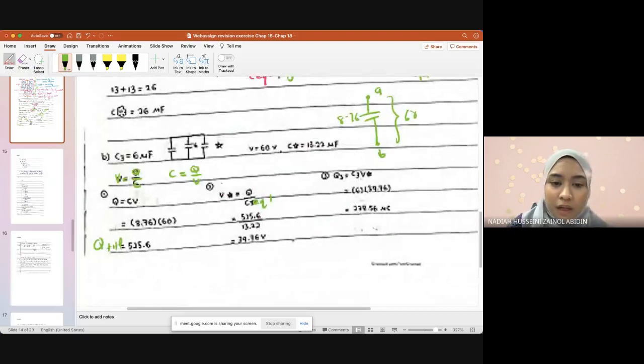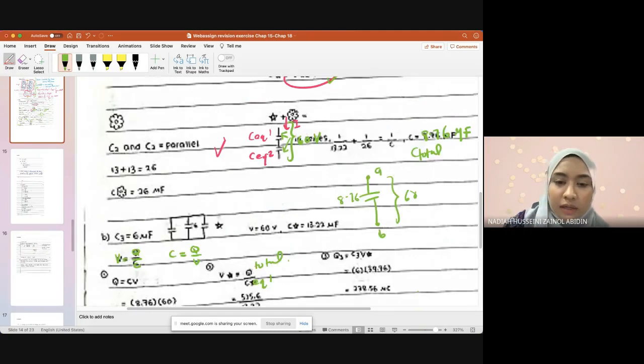So she divides the Q total, right? The Q total is the same for the entire circuit, right? Because Q is related to I. So I will flow through both C equivalents 1 and C equivalent 2.